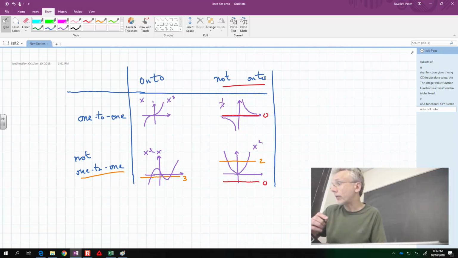The red one has no intersection with the graph. The orange one has, well, too many, sort of. So 3 here and 2 there. So that's a summary of this discussion, even though it will be applicable, as I mentioned, to other functions as well.